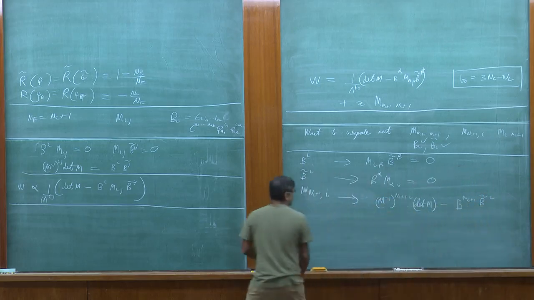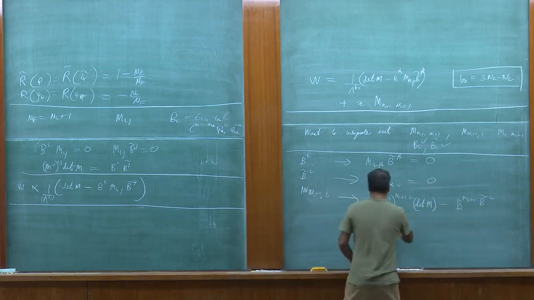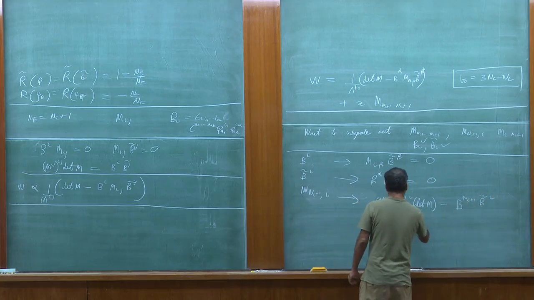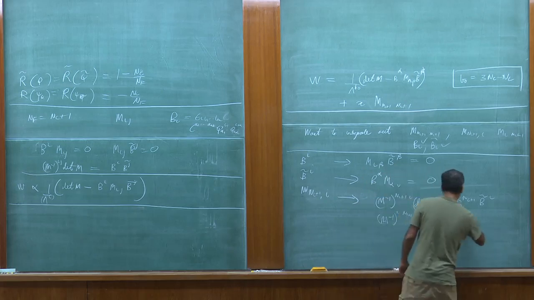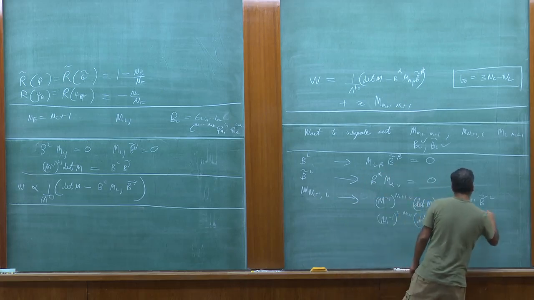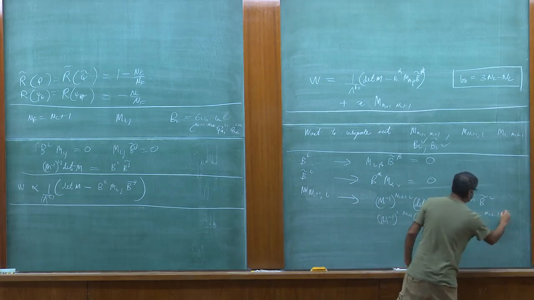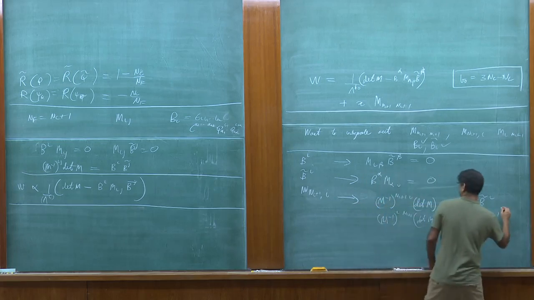Okay, similarly, (M inverse)^{I, Nc+1} times det M minus B_I B tilde_{Nc+1} is equal to 0.